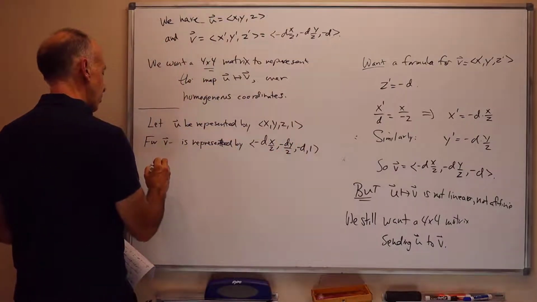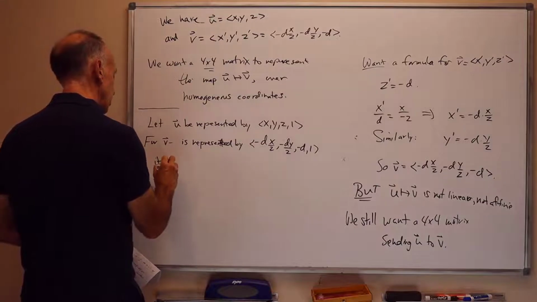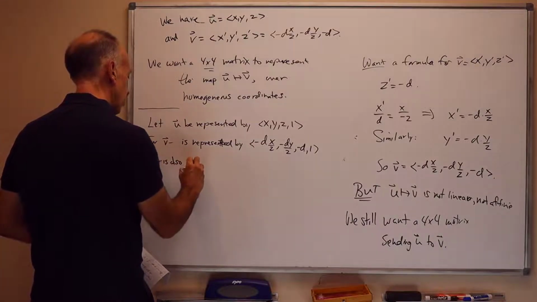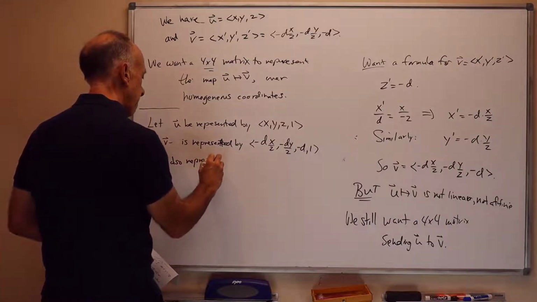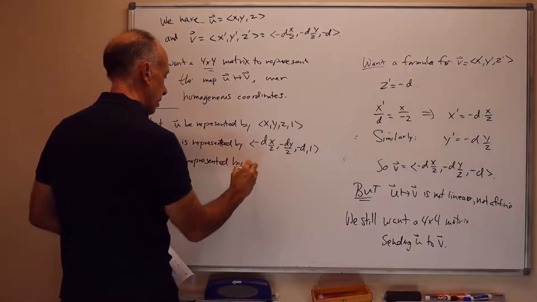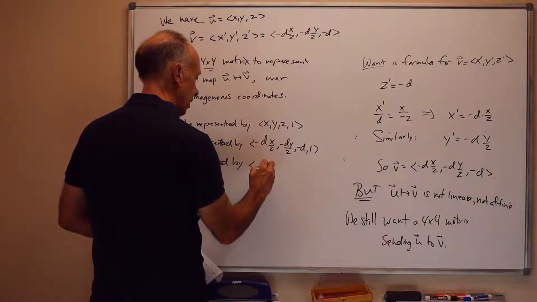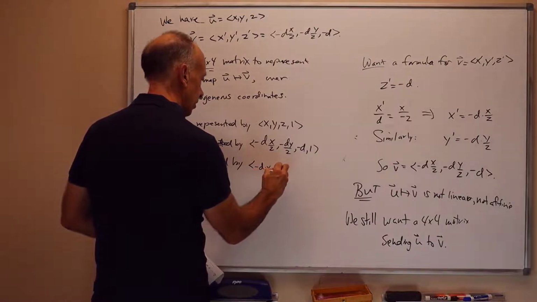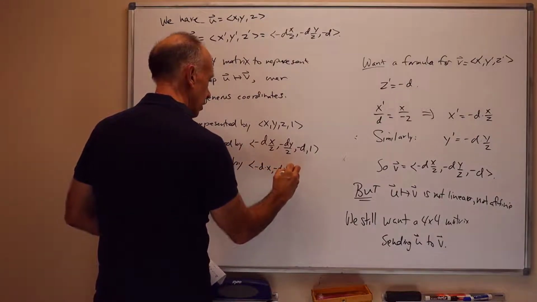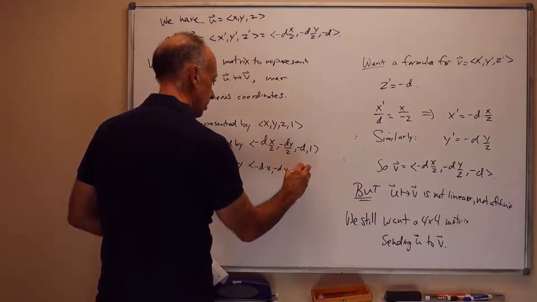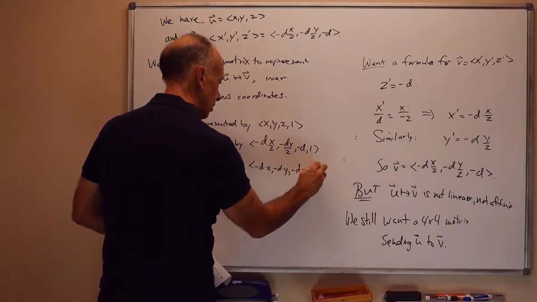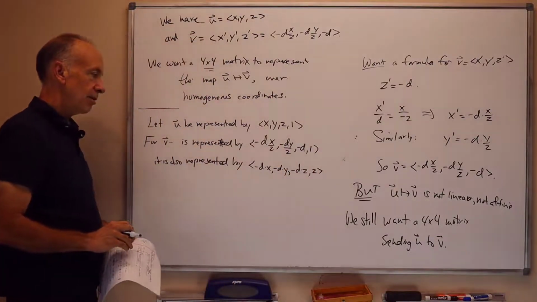But we want to use a different representation. It is also represented by, and I'm just going to multiply through by z, negative d times x, negative d times y, negative d times z, z.